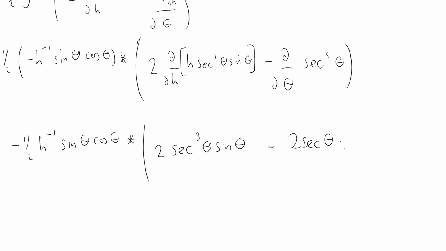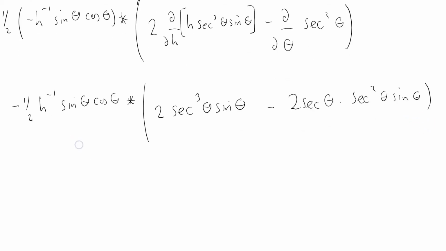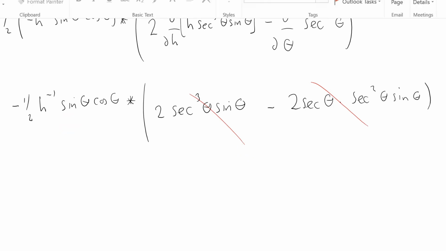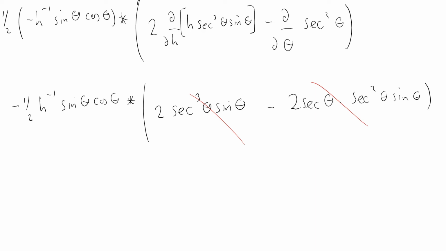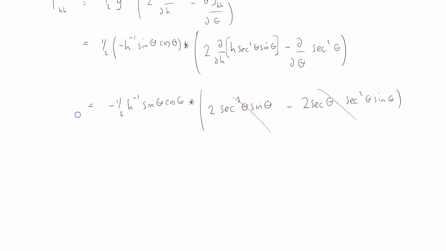And what's the differential of sec? That's sec squared sine, isn't it? Sec squared theta sine theta. Aha. And these guys cancel, look. They cancel because they're equal. So it doesn't matter what this term is here because everything cancels out. Equals 0.